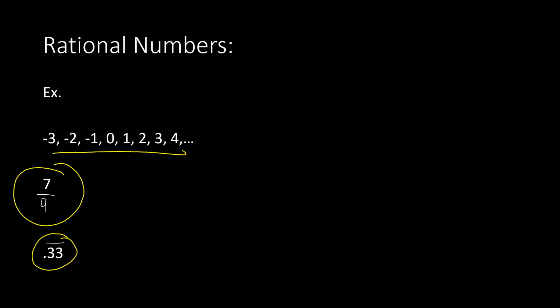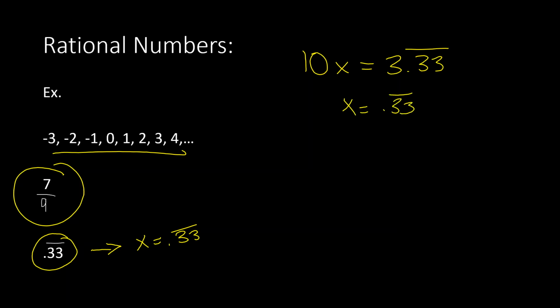We can make this equal to x, so x equals 0.33 repeating. If we do 10 times x, so 10x, we get 3.33 repeating, since the decimal point moves one place to the right because you multiply by 10. And then we can also say that x equals 0.33 repeating. So we have two equations, and all we have to do is subtract.